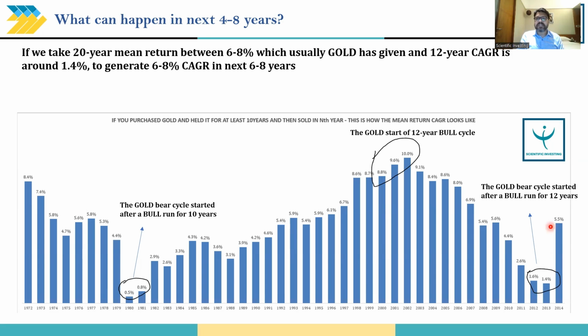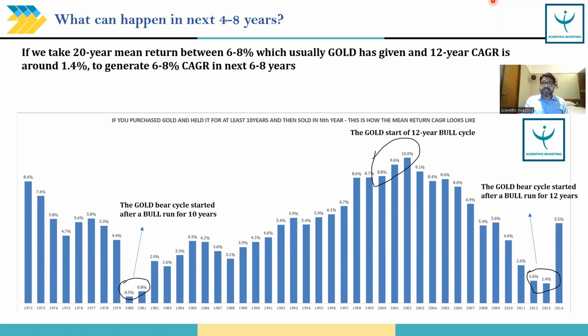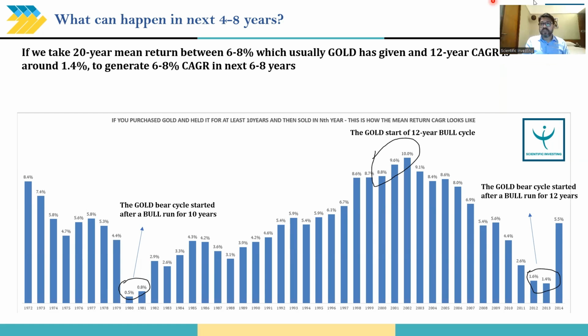Now let us imagine gold has to generate a 20% CAGR. It's not guaranteed because you saw 1982 to 2002, that 20-year CAGR was still bad. But I am only highlighting it because if we look at the positive angle and assume this cycle can play out, we don't know it will.